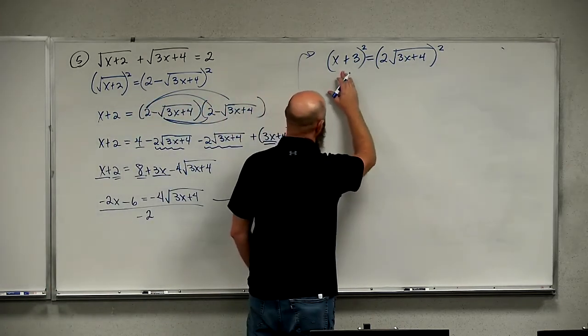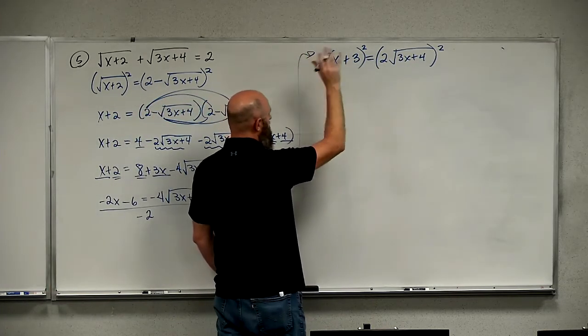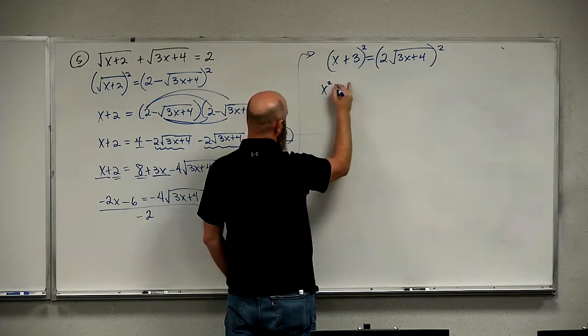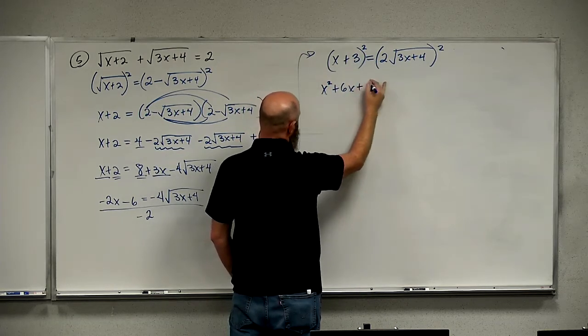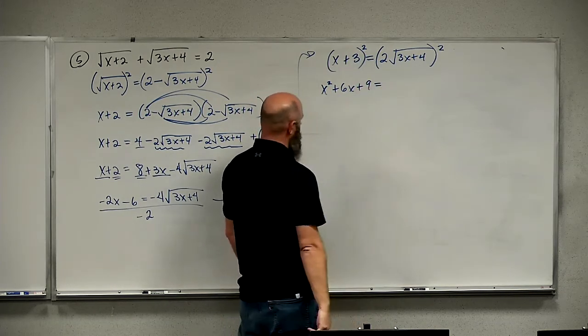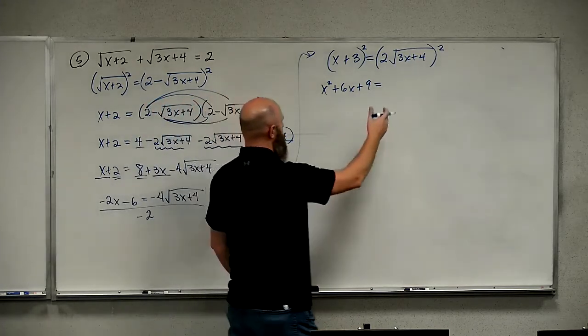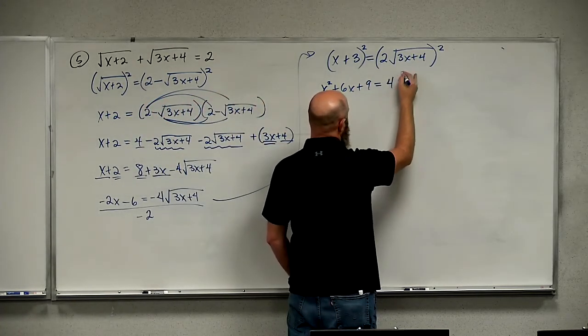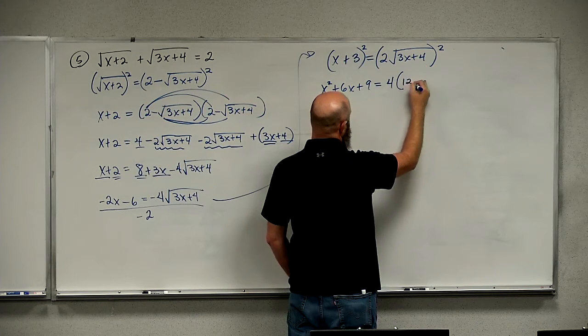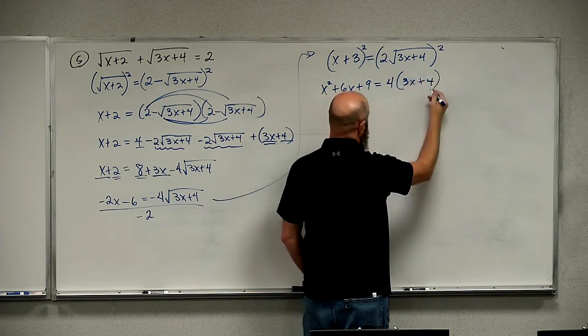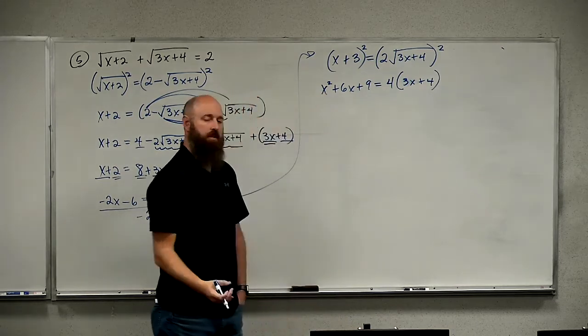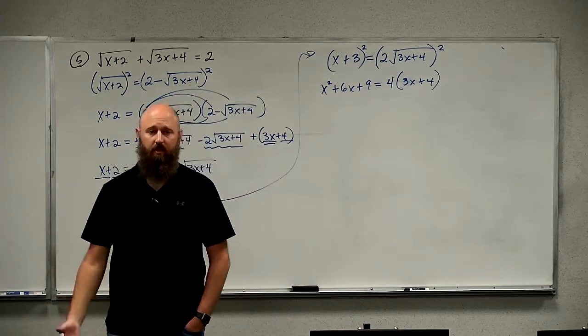All right, now over here, again, you would go to the side, x plus 3 times x plus 3, and if you do that, you're going to get x squared plus 6x plus 9. And then on the other side, we're going to square the 2 and get 4, and then the inside is going to be in parentheses, 3x plus 4. And so that square root went away, just like every other problem.